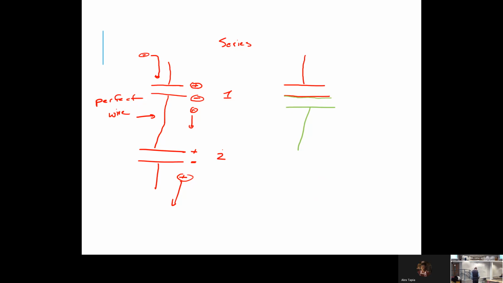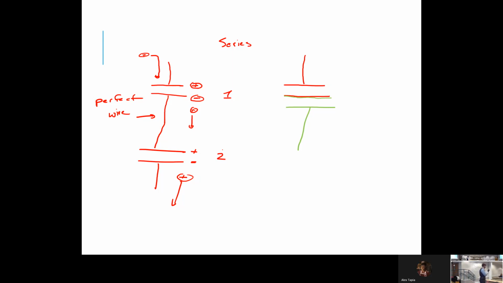So here's the question. When I put capacitors in series, does it increase the overall capacitance, or does it decrease the overall capacitance?